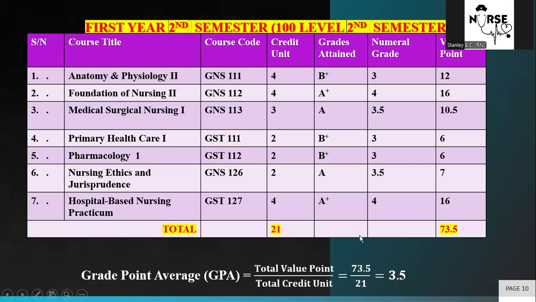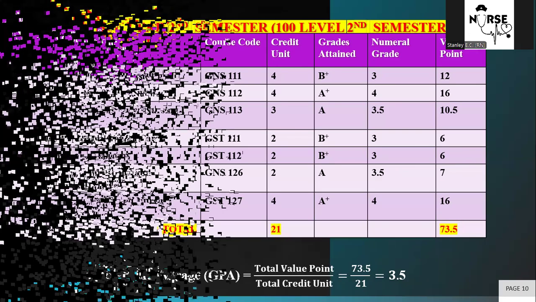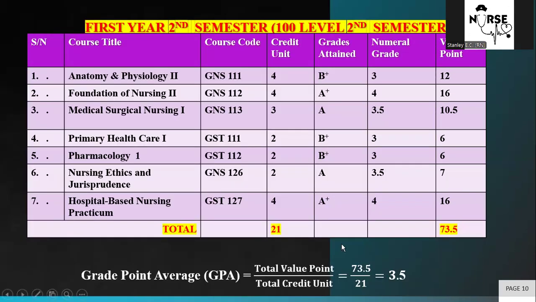To get your CGPA, this is the first semester where the student got 3.1, plus the second semester where the student got 3.5, divided by 2, because we have first semester and second semester alone. When you divide it by 2, you will get your CGPA. But a single semester like this will give you your GPA. I believe this is clear.